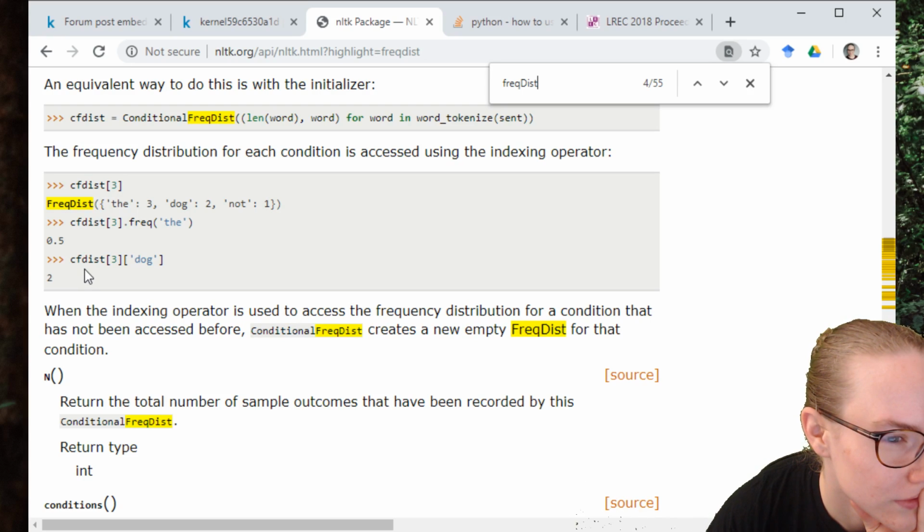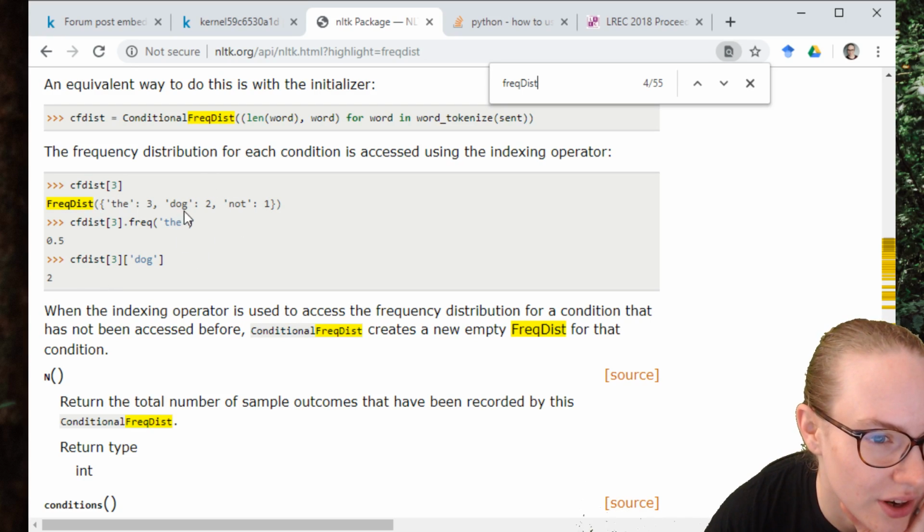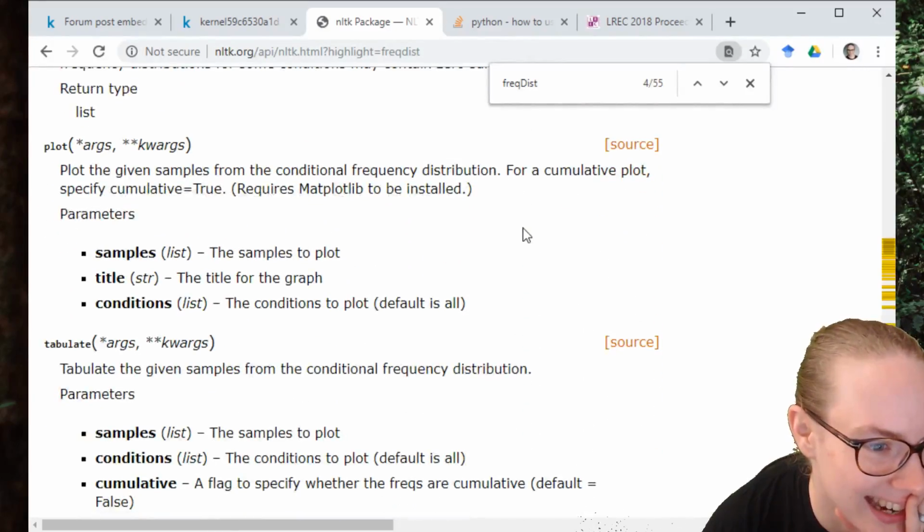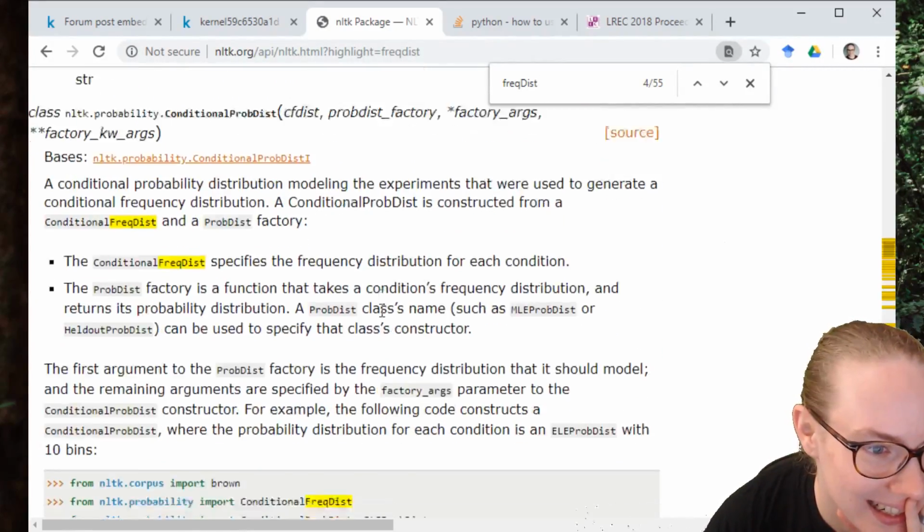Sorry, I'm looking at this and trying to figure out what this is doing, but it's not that important. I'm just getting sidetracked. All right, frequency distribution.